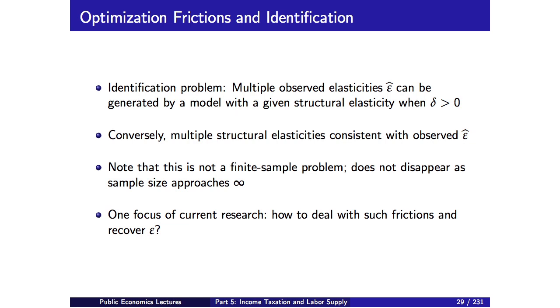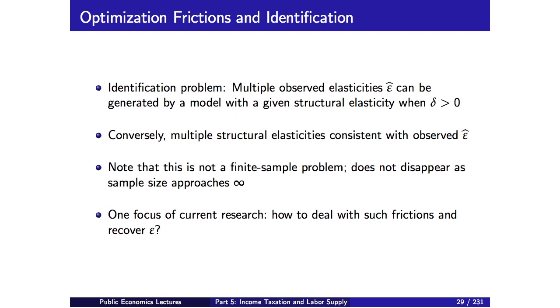So suppose you run that regression and you find an elasticity of 0.1. What this is showing you is that you can't really have a lot of confidence in going from that 0.1 to a statement about optimal tax policy, because who knows what would happen if we had a European type tax system versus a US type tax system for many, many years, right? You might end up having very different behavioral responses.